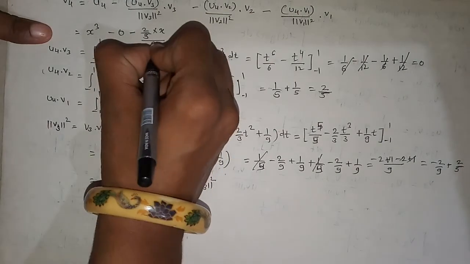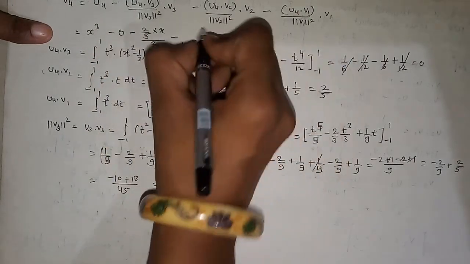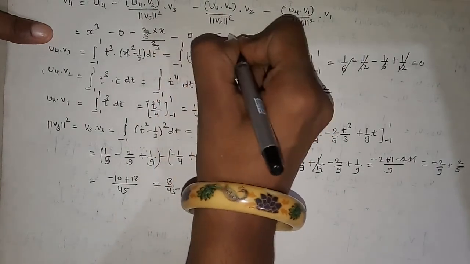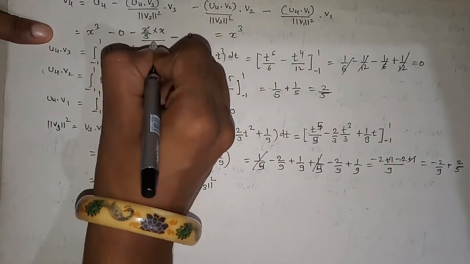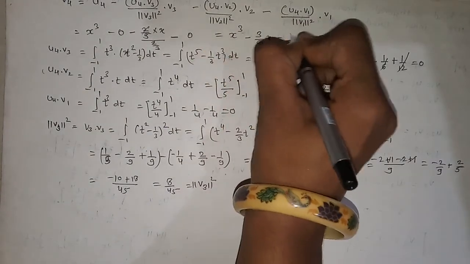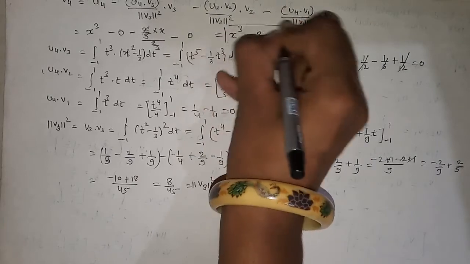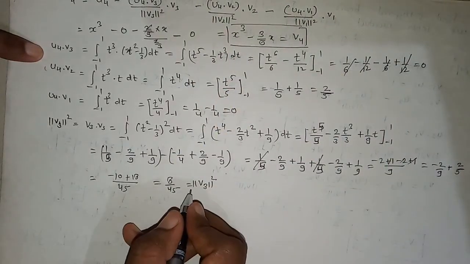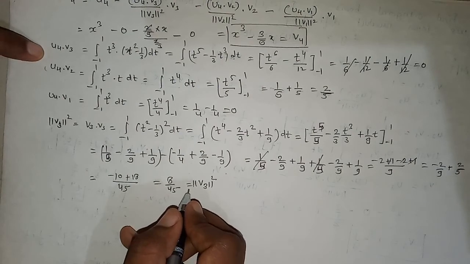This is 2 by 3 minus U4 dot V1 as again 0. So x cube, this 2 and 2 get cancelled, minus 3 by 5 x. So this is our V4. So we are getting V4 as x cube minus 3 by 5 x.